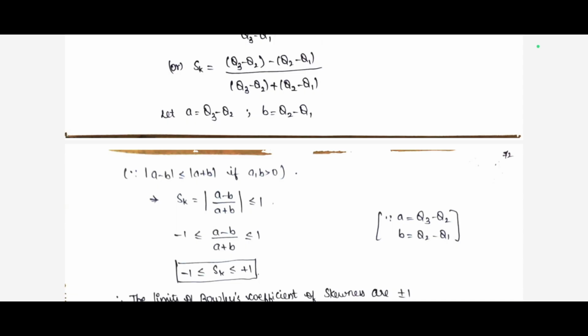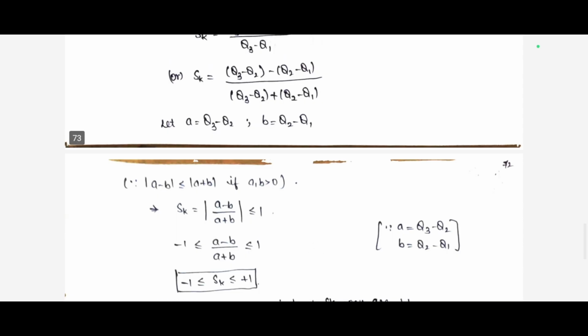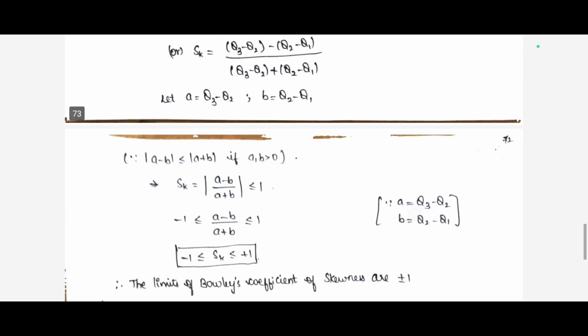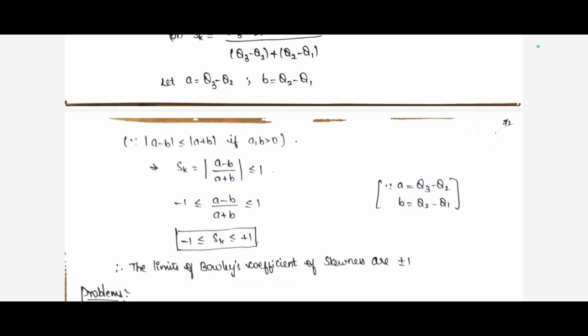Modulus of a minus b divided by a plus b is less than or equal to 1. If you remove the modulus, it gives minus 1 less than or equal to a minus b divided by a plus b, less than or equal to plus 1.